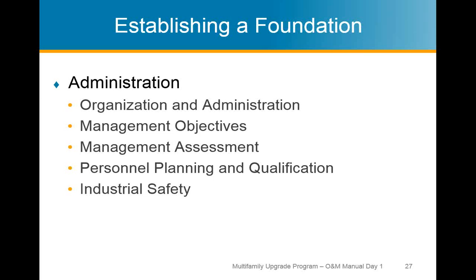So with that being said, some of the key takeaways for the administrative side, besides the organization and administration point, is management objectives. If we're able to get management to buy in on the objective of what we're trying to do, the O&M manual creation or fleshing out our O&M policies and procedures more, then that's half the battle right there, because the boss is now supporting what you're doing and what you're devoting resources to.